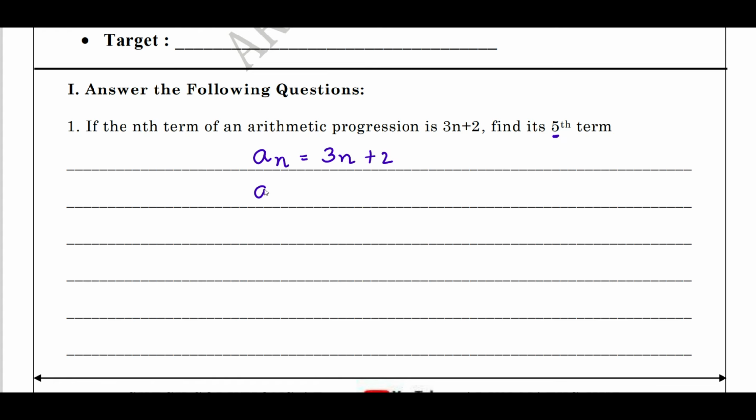So replace n by 5. So a5 equals 3 times 5 plus 2. First multiply, that is 3 into 5 is 15, plus 2. Therefore a5, that is the fifth term, equals 17.